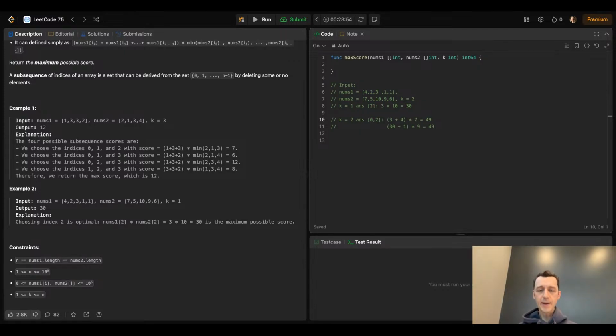So for each combination, I was trying to see if we can look for the next index by just counting its score separately. No, we can't do that. We need to count the score together with the one that we have already.